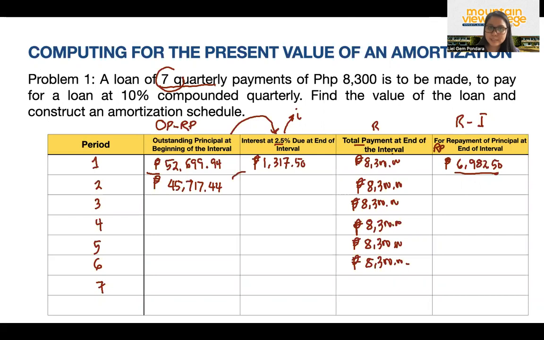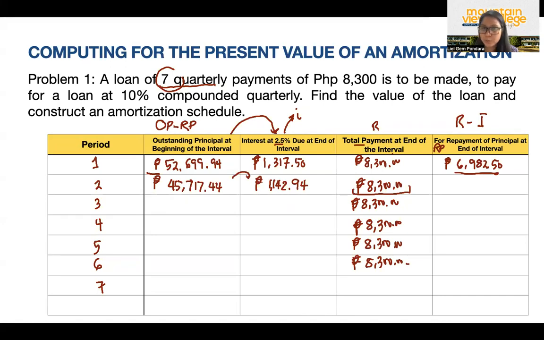Based on your balance, you multiply it by the interest rate of 0.025. You will be paying an interest of 1,142.94. Next, with the 8,300 payment, you are paying 1,142.94 for the interest.